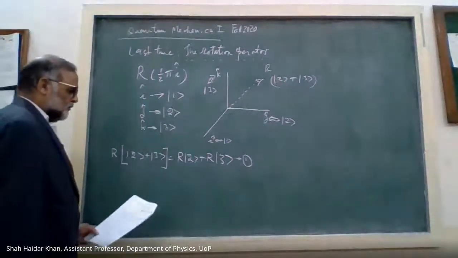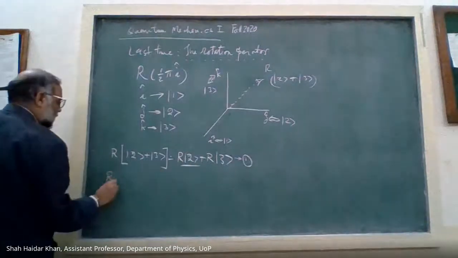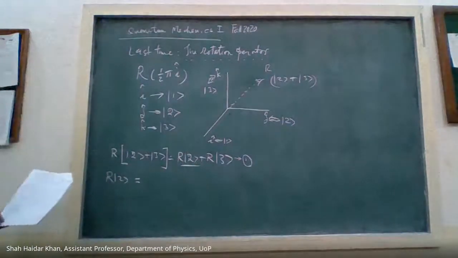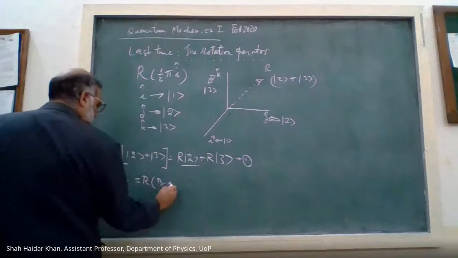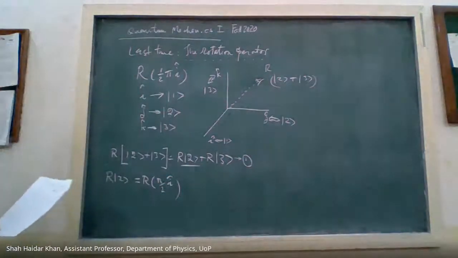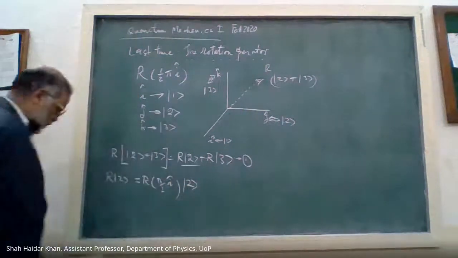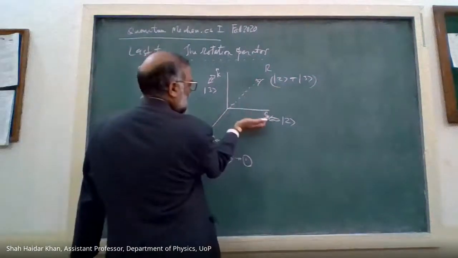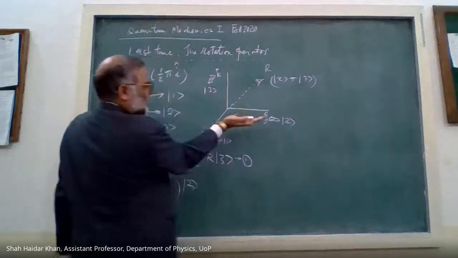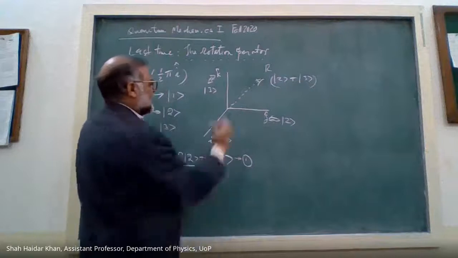Now, here, what is R when we apply it to k2, right? Which means R of pi by 2 around k1, and this operates on k2. Okay, so look, suppose this rotation operator acts on this and rotates it about this axis.